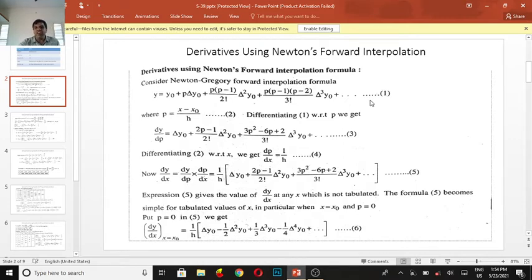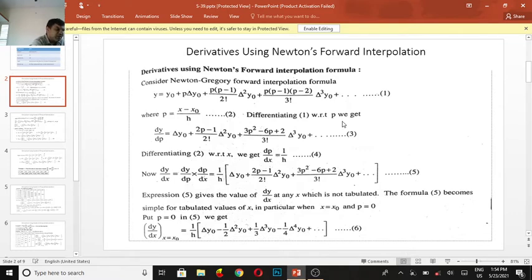Now differentiate 1 with respect to p. First we simplify. p into p minus 1 is p square minus p, divided by 2 factorial. Also p into p minus 1 into p minus 2 gives p cube minus 3p square plus 2p, divided by 3 factorial.